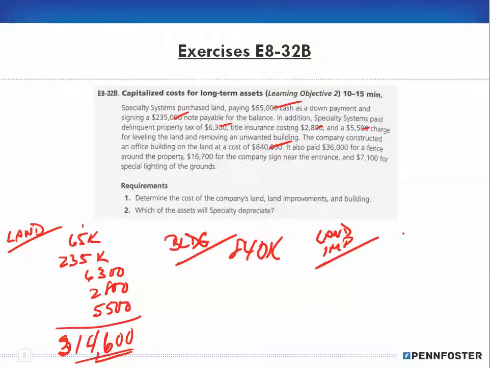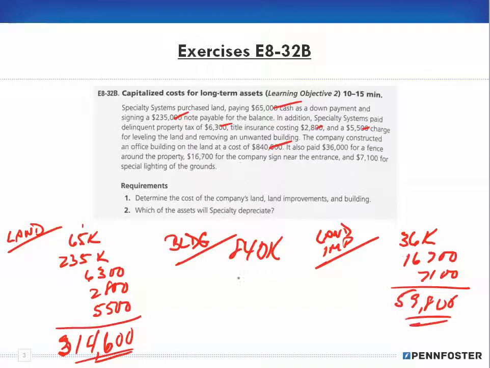So it also paid $36,000 for a fence around the property, $16,700 for a company sign, and $7,100 for special lighting around the grounds. So that's $59,800 for the land improvements.